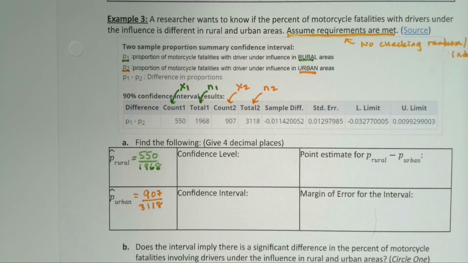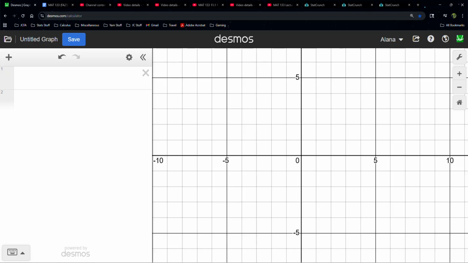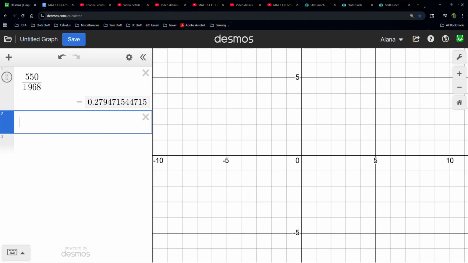Okay, so let me go find those decimals with Desmos. So we want to take 550, we're going to divide by 1968. And then we want to take 907 and divide by 3118. And we want to round these to 4 decimal places because it said so in the instructions.